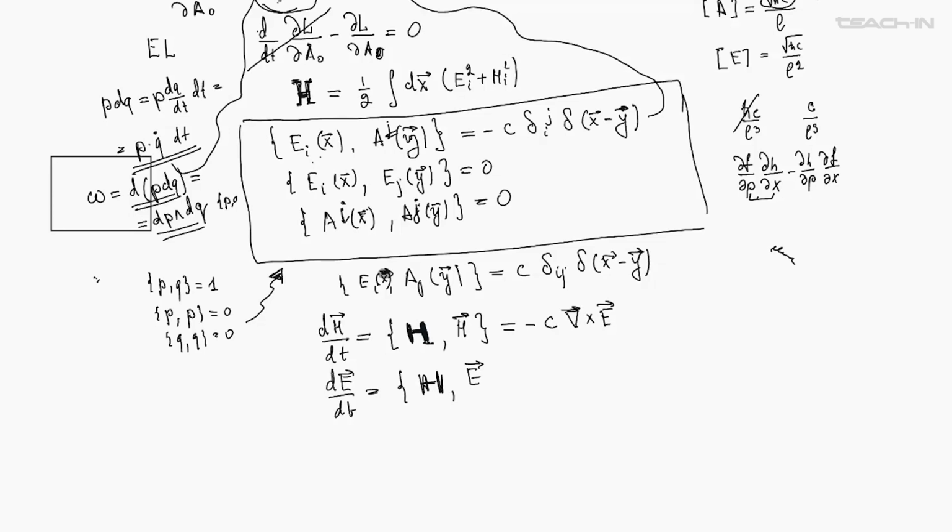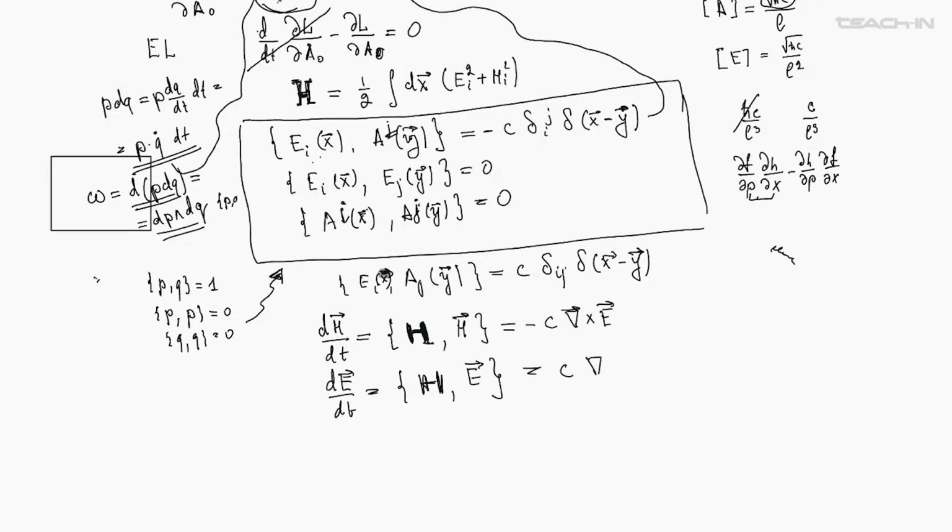Just a moment, I'm changing the pen. Let's see if it becomes better. Which gives c multiplied with curl of H.